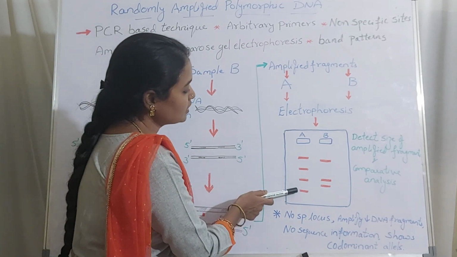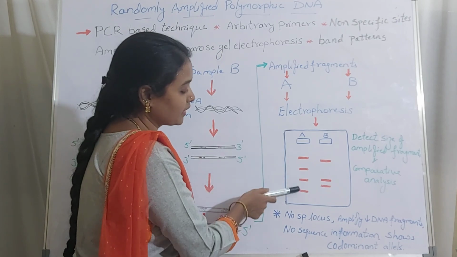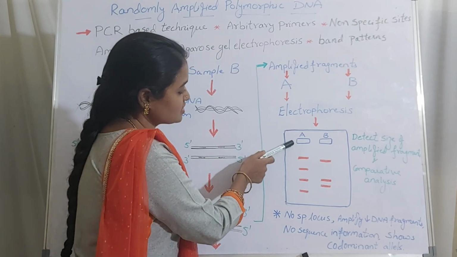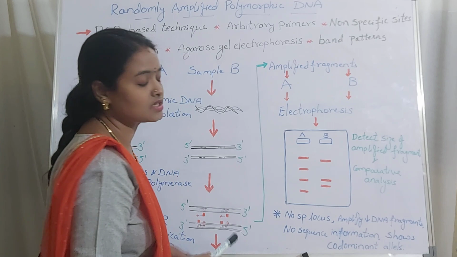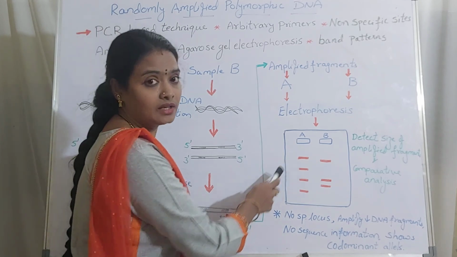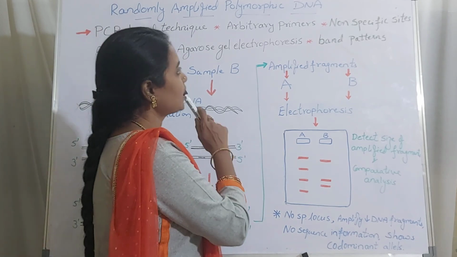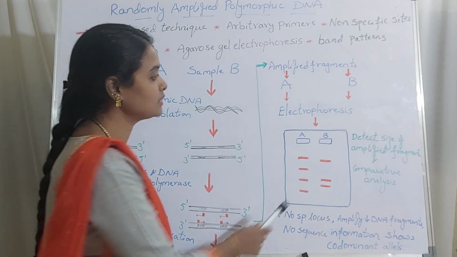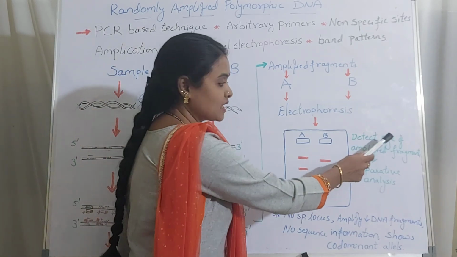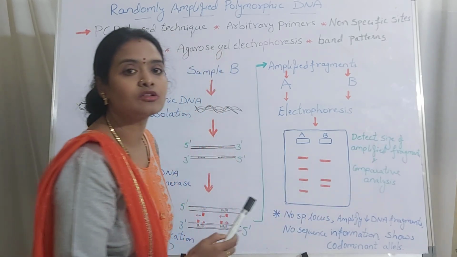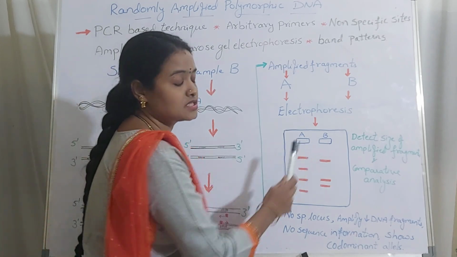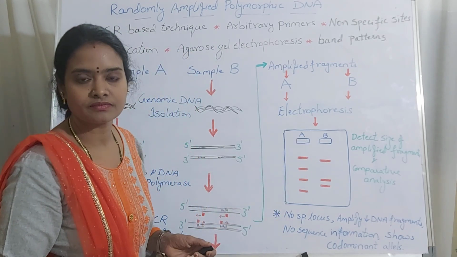See, the smaller sized DNA fragments migrated a long distance, whereas a short distance is for the longer or larger sized DNA fragments. So here the RAPD mainly helps in detection of size of amplified fragments and also for the comparative studies between different animals. Is that clear?